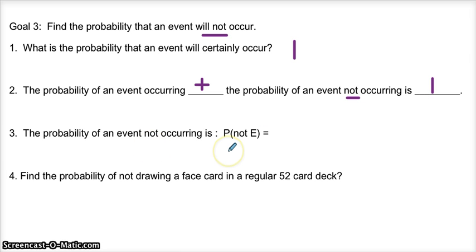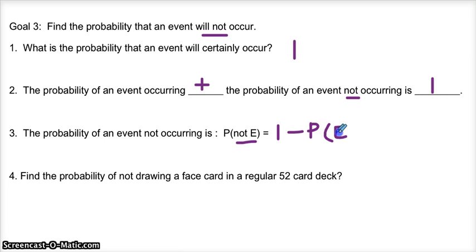So if you know the probability that an event will occur, then the probability of an event not occurring is 1 minus the probability that an event will occur.